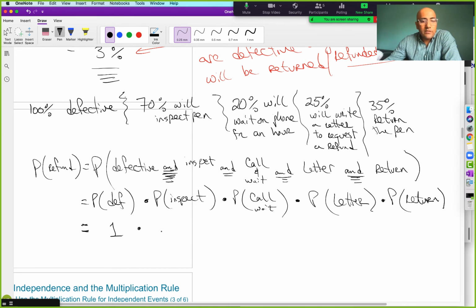The probability that you're one of the people that inspects it is 0.70. The probability that you're someone that's going to wait for a whole hour till you get a hold of someone on customer service, that's 20%. Probability that you will be someone that writes a letter is, say, 25%. And probability that you're someone that follows through and returns it once you receive the envelope is 0.35.